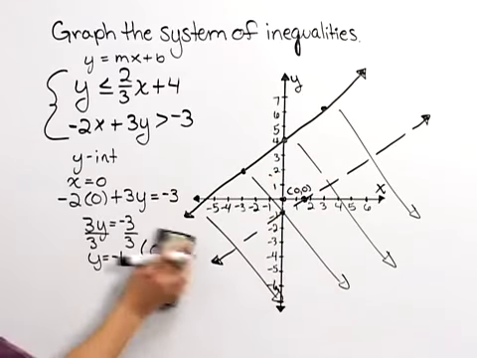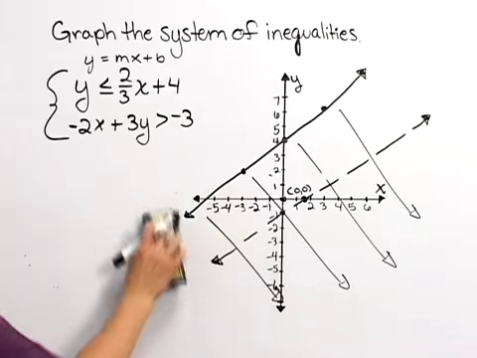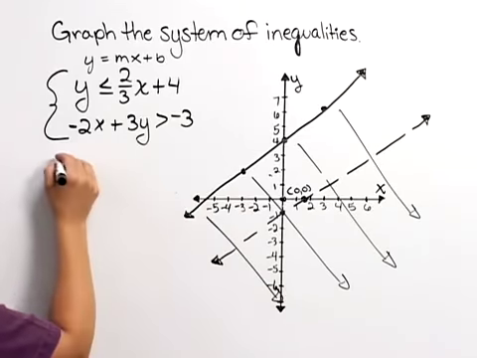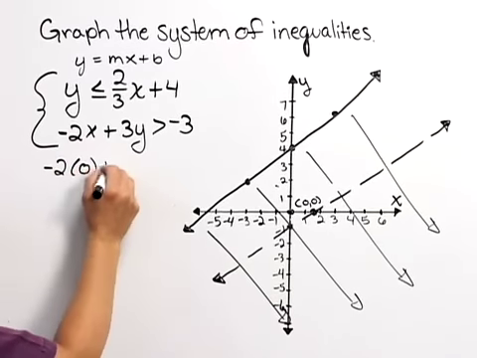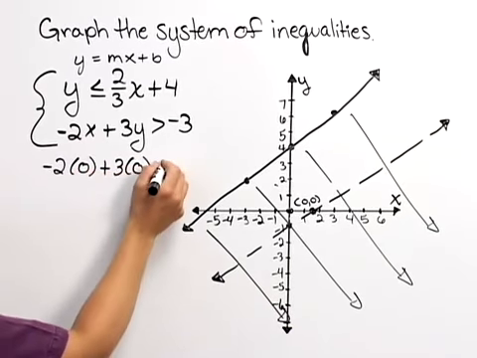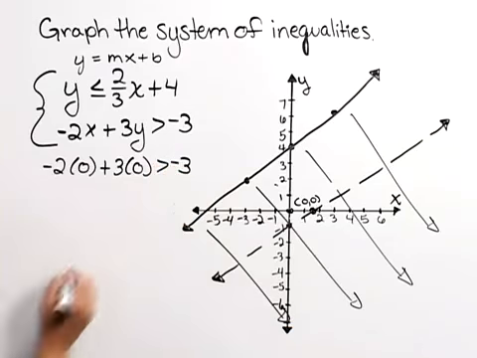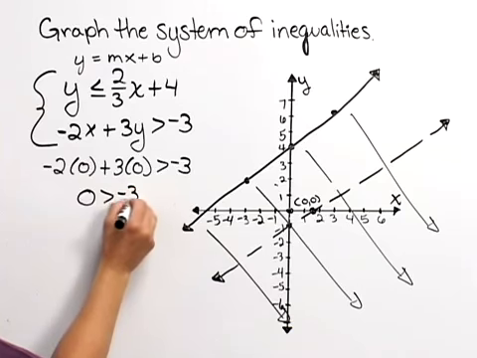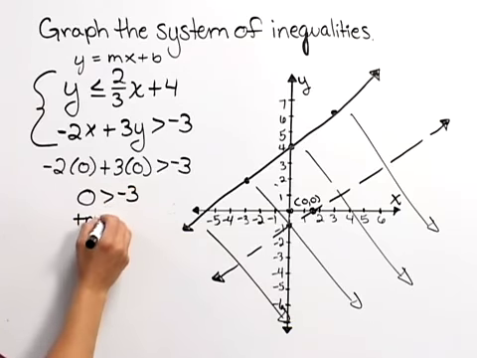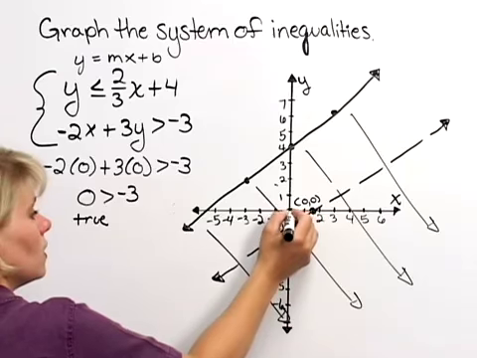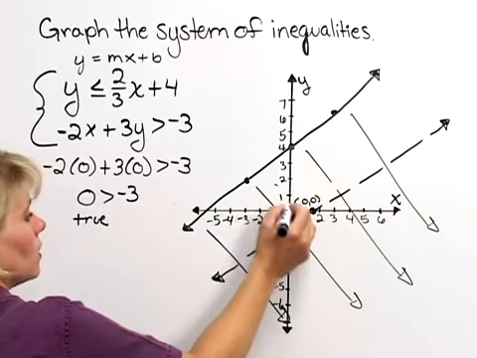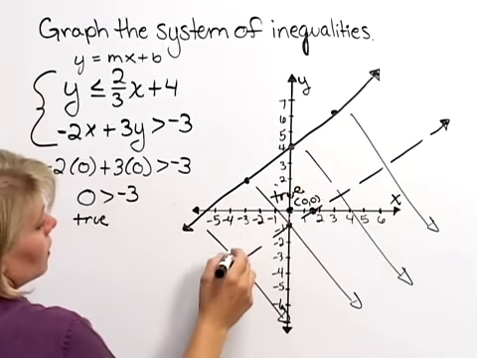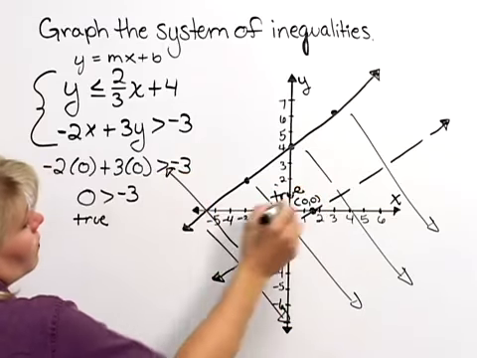So we're going to plug in 0 for our x and 0 for our y into the original inequality and see if it works. Negative 2 times 0 plus 3 times 0. We want to know if that's greater than negative 3, which gives us 0 greater than negative 3. Well, that's true. And since this point was on this side of that line, and it was true, this line would shade up here.